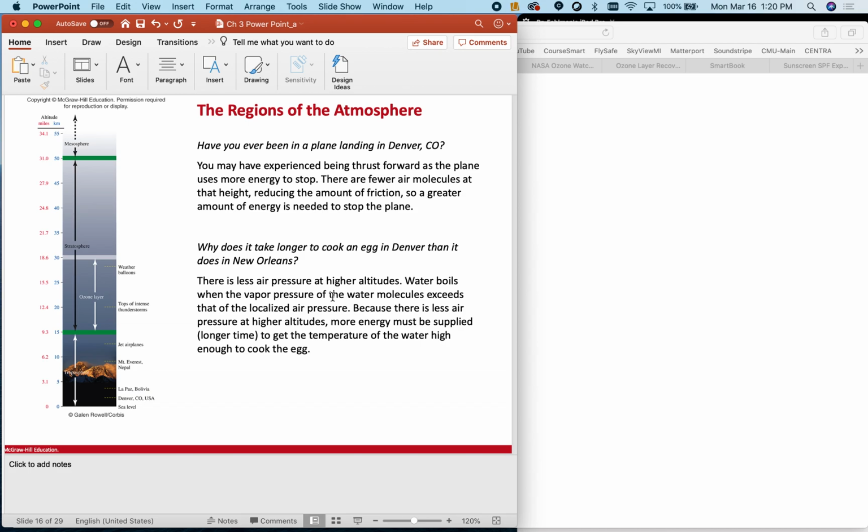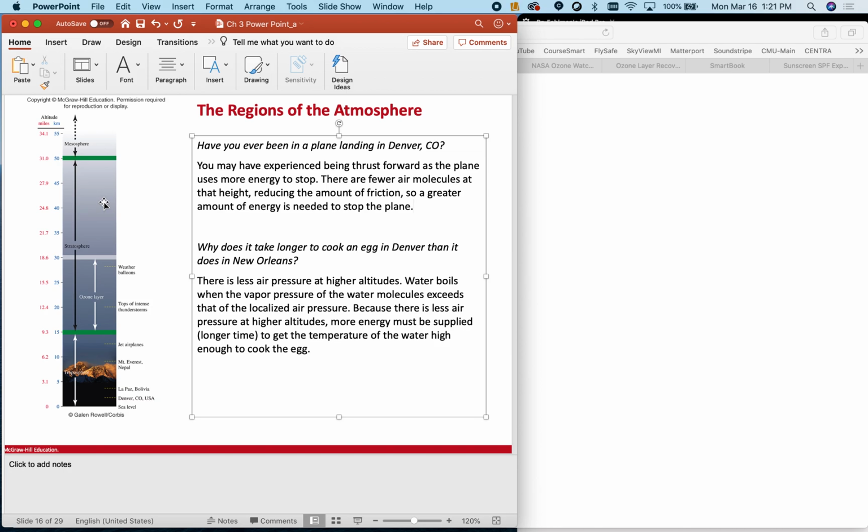It's actually interesting. If you have been in a plane landing in Denver, you'll notice that the plane makes some interesting noises. There are fewer air molecules as you go higher in altitude, so you don't have as much natural friction that helps slow the plane down.